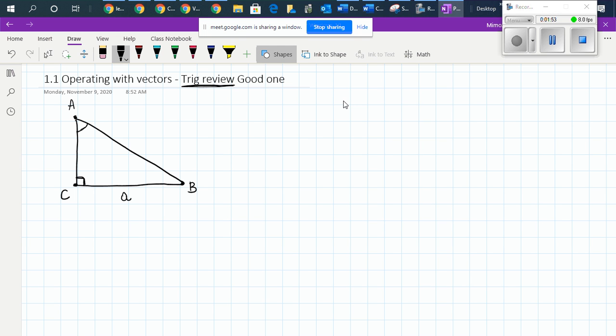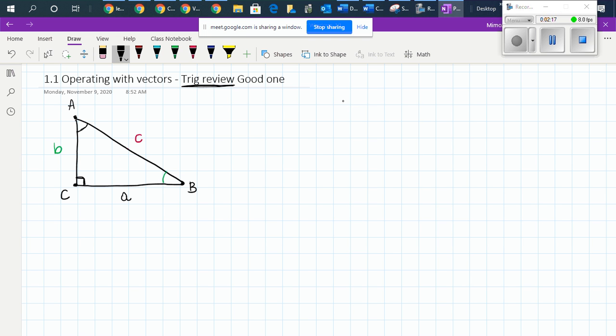And the opposite side of vertex B is the side AC, which is labeled with letter b. And the opposite side of vertex C, the 90 degrees, is side c, labeled with letter c.